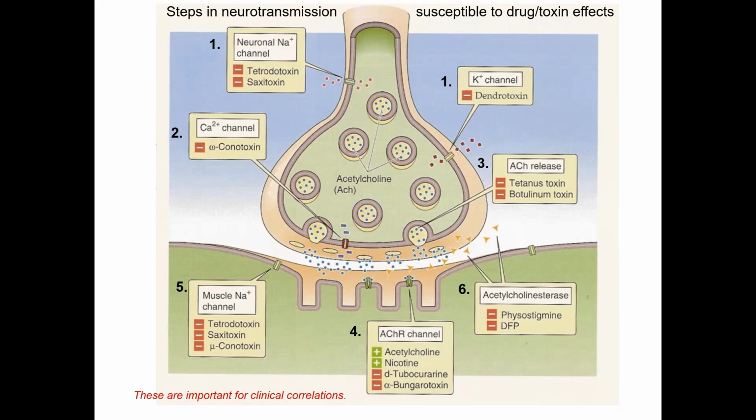Otherwise, if you don't repolarize the membrane, then the sodium channels are in an inactivated condition. In an inactivated condition, you cannot produce a second action potential by any stimulus, even if the stimulus is very strong. And you learned that phase of the action potential as the absolute refractory period.